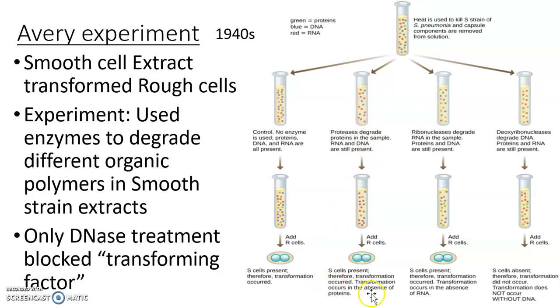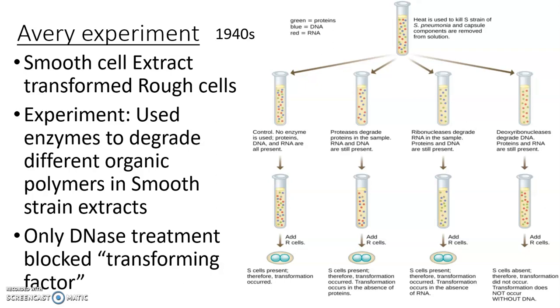And they found that when they did this, they were not able to disrupt the transformation. So we know from this that proteins and RNA probably are not the transforming factor. But when they treated their extract with the enzyme DNase that degrades your DNA, that one seemed to actually block the ability of that transforming factor to work.